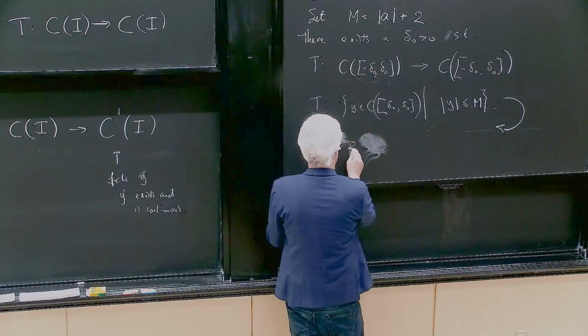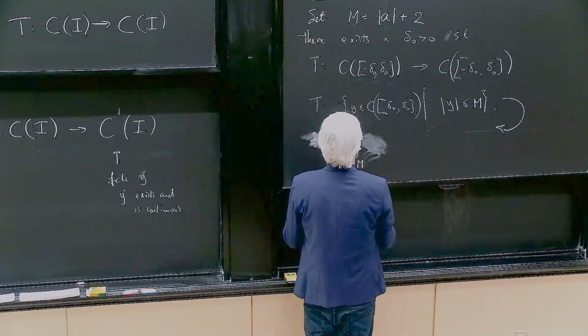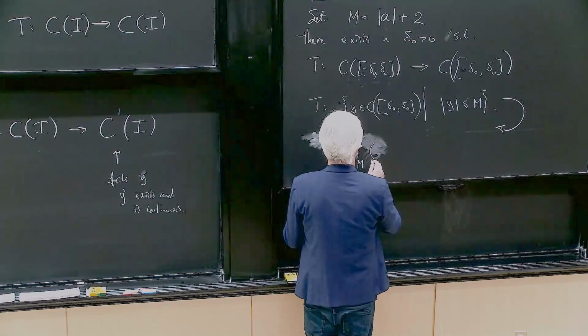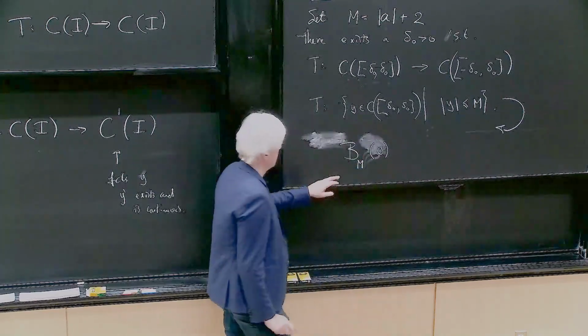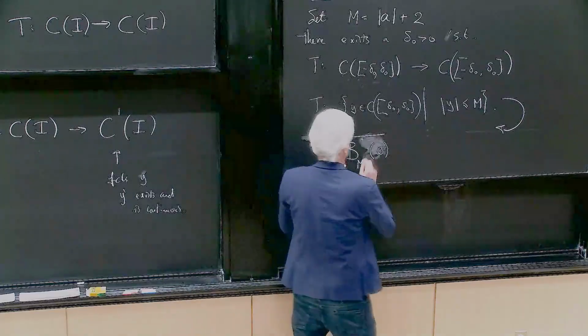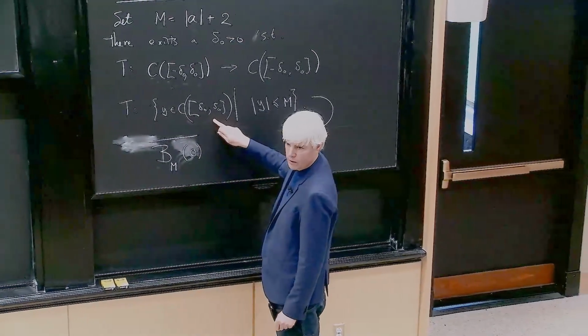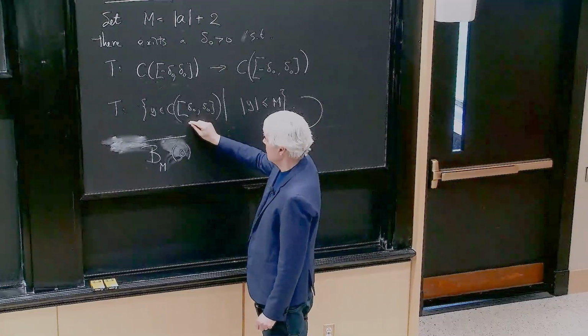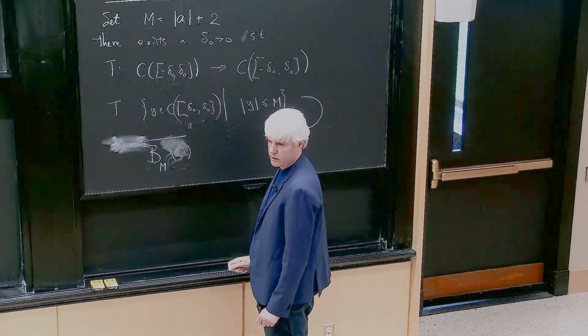So we looked at the ball of radius capital M in this around the 0 function. So this thing here is the closed ball in the space of continuous functions with the metric that we've been using. And this set here we can think about if we want as this set, okay?